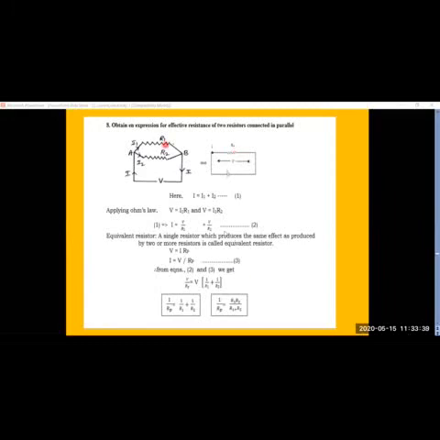So when you write equation 3, here you will get the formula I equals V divided by Rp. For equation 2, you remove V common, so you will get 1 divided by R1 plus 1 divided by R2.